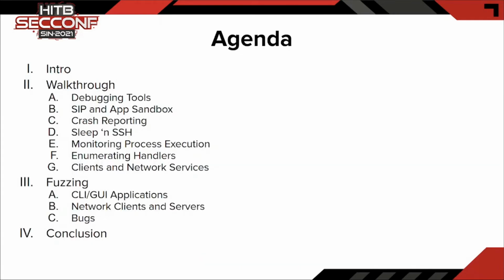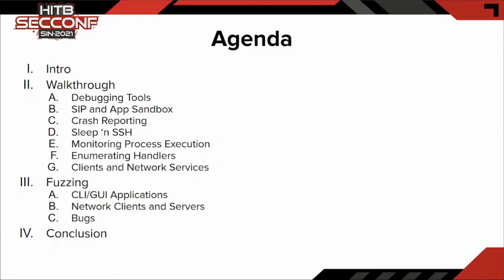Quick run through of the agenda: do a quick intro, walk through some of the different debugging tools, talk about SIP and App Sandbox and how that affects fuzzing, talk about crash reporting, what to do for machine sleeps and SSH type issues, how to monitor process execution, enumerate handlers, different file handlers, and things like that on the system for attack surface, and look at some of the clients and network services enumeration as well.